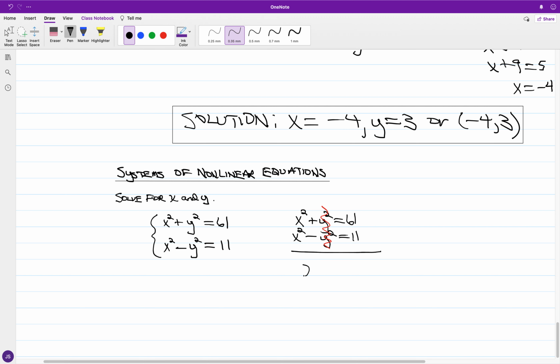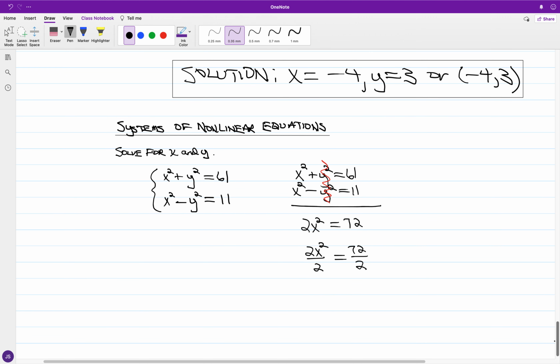So right now we've got 2x squared is equal to 72. And we have division by 2. Okay, so I have 2x squared over 2 is equal to 72 over 2. So this will come down to x squared is equal to 36.